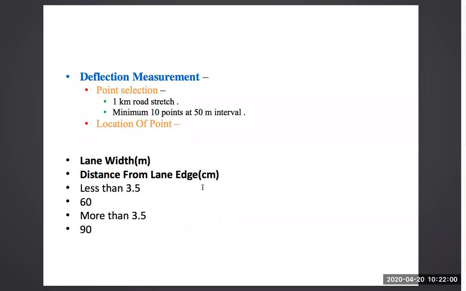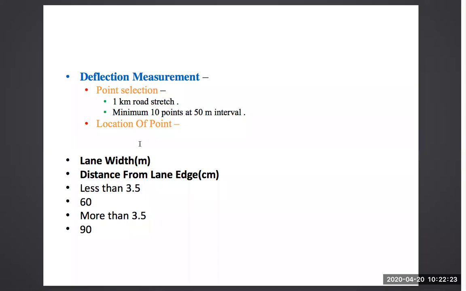Minimum 10 points are taken. In order to conduct the structural evaluation using BBD studies, we require a minimum of 10 points at an interval of 50 meters. If you are taking 1 point, then there should be another reading taken at a 50-meter interval.